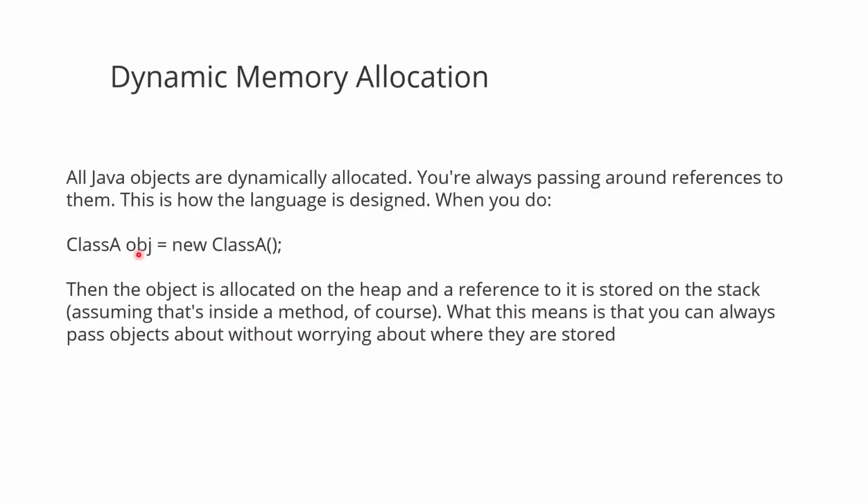So the class A object is on the heap with OBJ on the stack, and they are pointing to one another. What this means is that we can always pass objects without worrying about where they are stored.